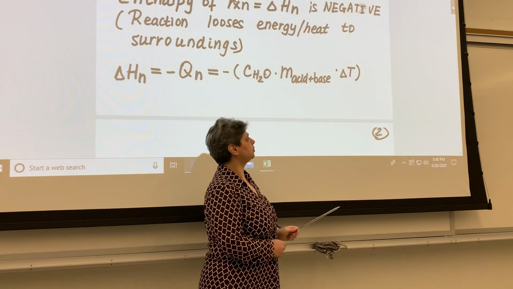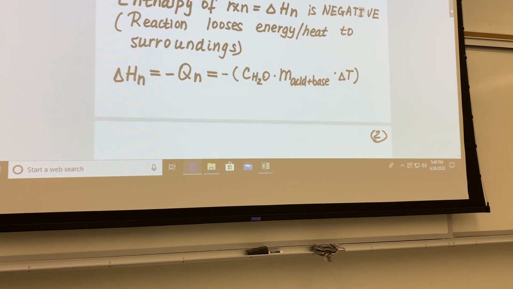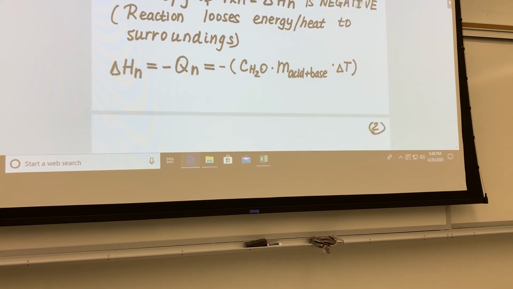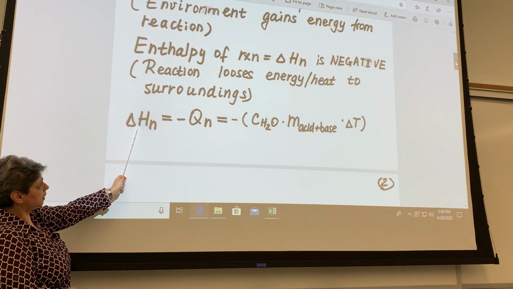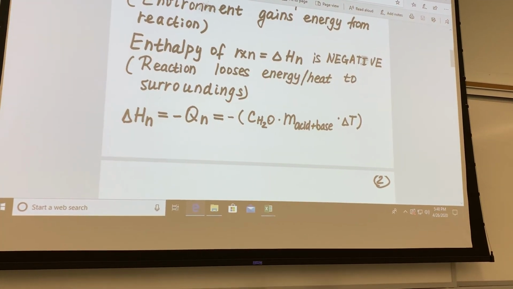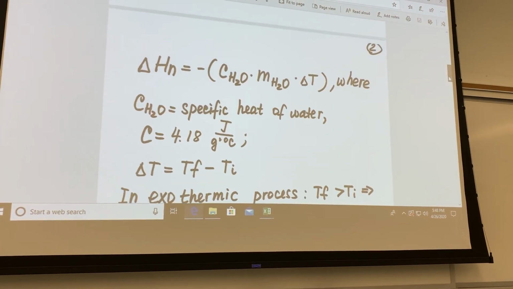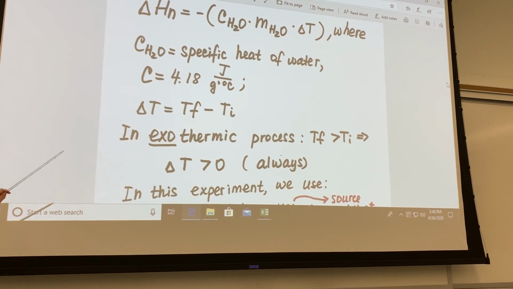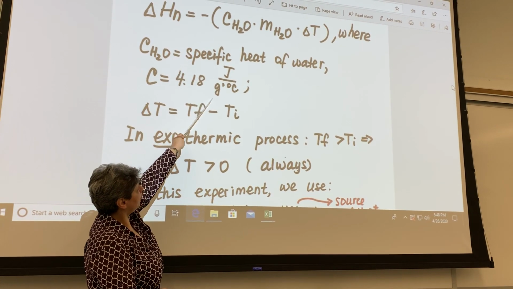So delta T is found by using a temperature probe attached to a data logger, which you will see in the experimental portion of this procedure. So delta T is determined experimentally, and then heat of reaction is calculated, and then enthalpy of reaction can also be found by simply changing the sign in front of the heat. So once again, specific heat capacity of water is given at 4.18 joules per gram per degree.